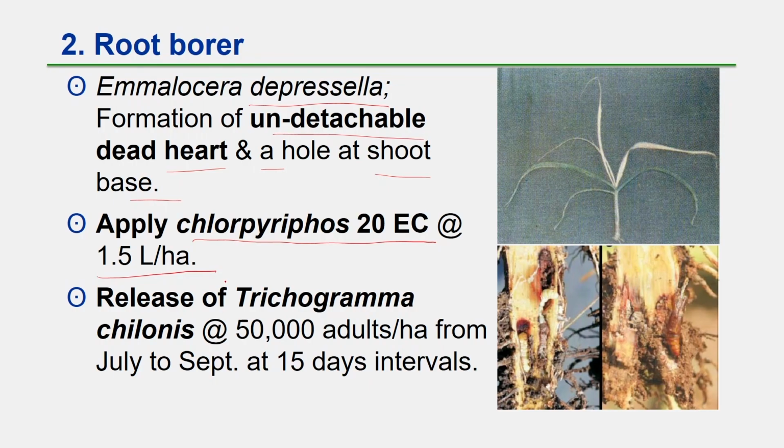This quantity of chlorpyrifos can be dissolved in 600 to 800 liters of water and sprayed per hectare. And bioagents are also available, like release of Trichogramma chilonis at the rate of 50,000 adults per hectare from July to September at 15 days interval can control the root borer.